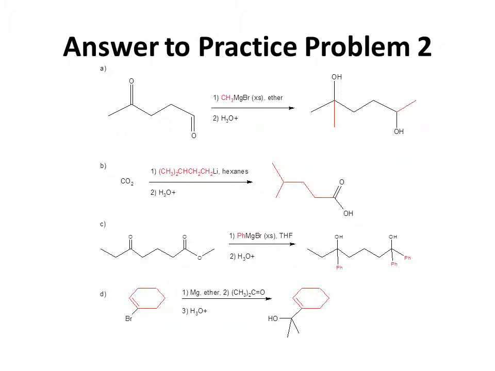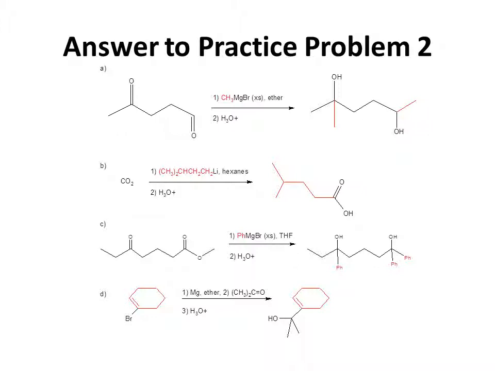How many times does it go after the ketone? Once. So you get one phenyl group attached to that carbon. And how many times does it go after the ester? Got a leaving group, right? So it goes after that twice, right? Once to displace the leaving group, the methoxy, the OCH3, and once to break the carbon-oxygen double bond. So you get two phenyl groups on the end.